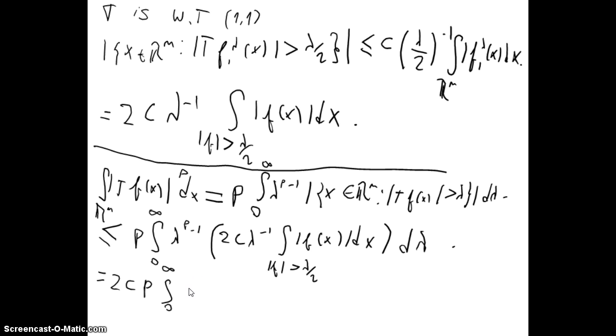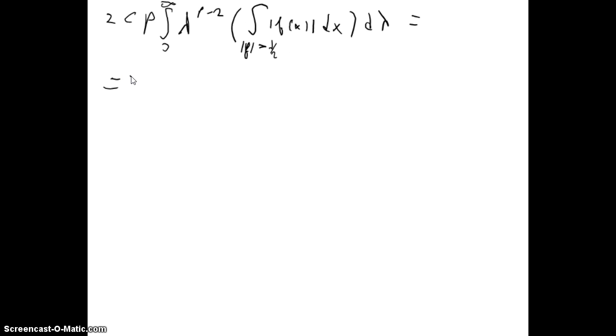Now with this lambda we will have lambda to the p minus 2, and again the integral over lambda over 2 of f of x.